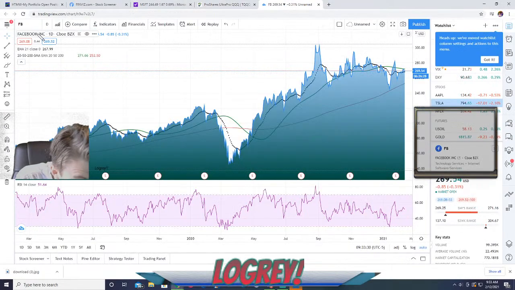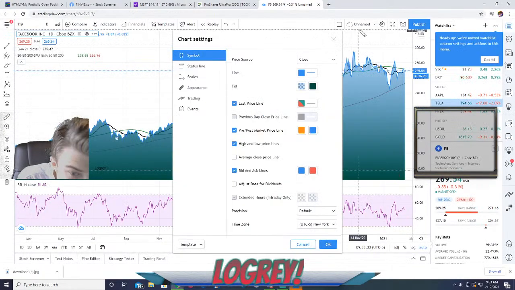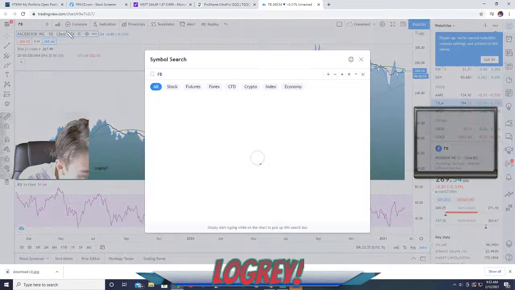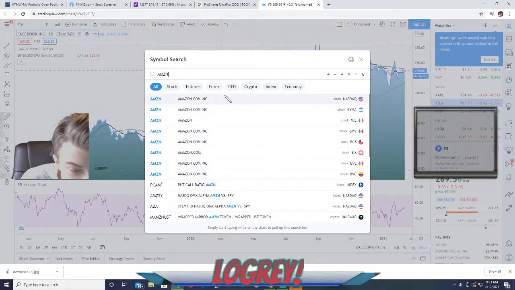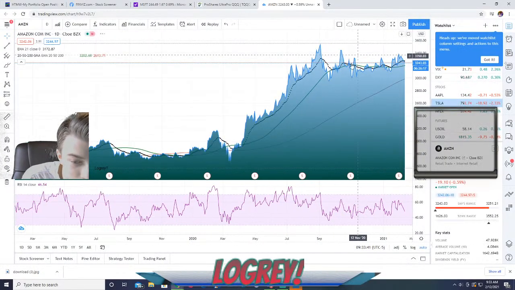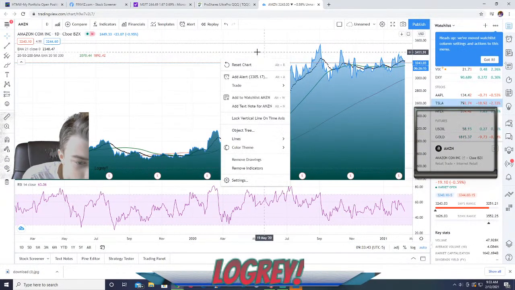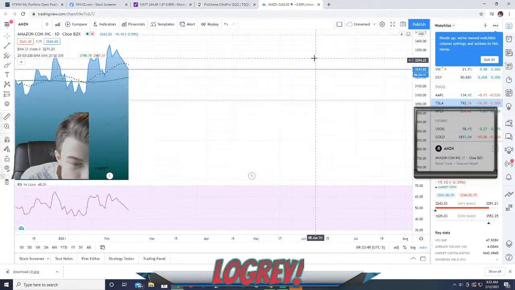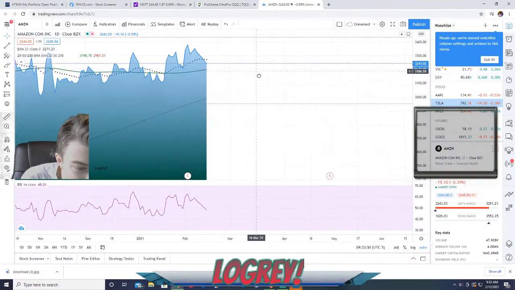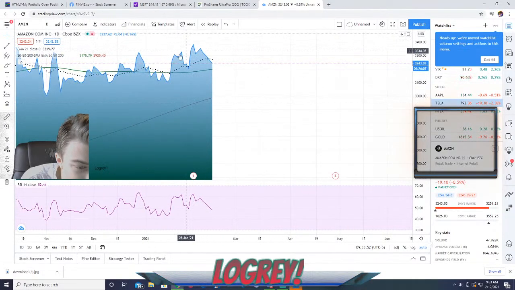So let's go ahead and look at Amazon here. I just want to look. Okay, and if we go to AMZN, now it's done fairly well, but if you look right here, it's had a major sell-off, and it just kept going down and down.